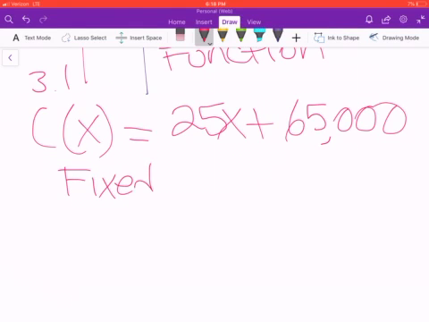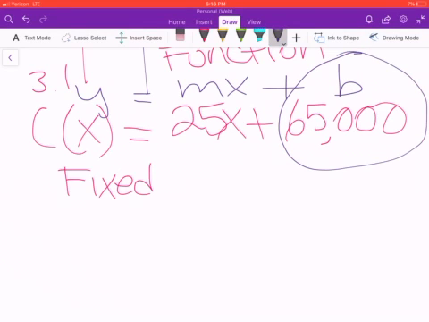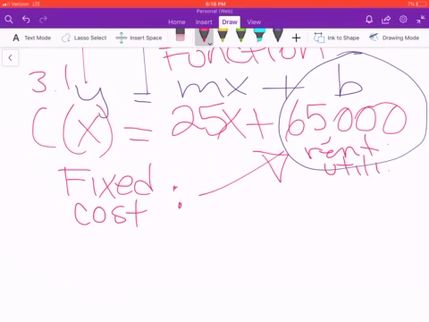If we talk about it in terms of y equals mx plus b, the fixed cost is going to be the constant term, which is the cost for just making 0 items, 0, 100, 1,000, it doesn't matter. That includes the rent of the local, perhaps the utilities. I can't really think of any more right now because it's 6:18. So that would be the fixed cost, the y-intercept.